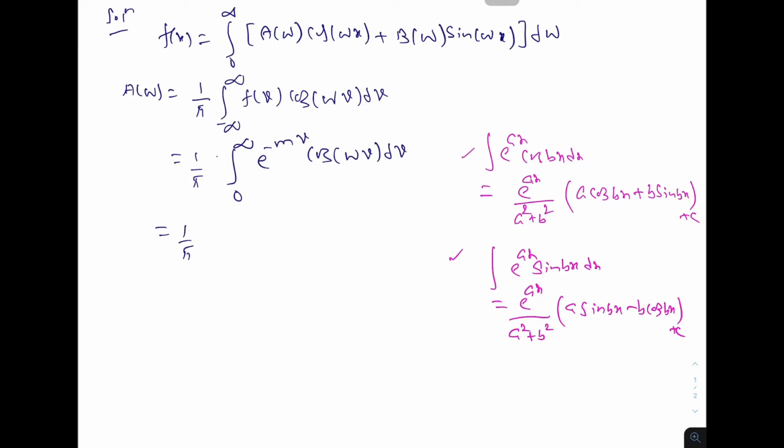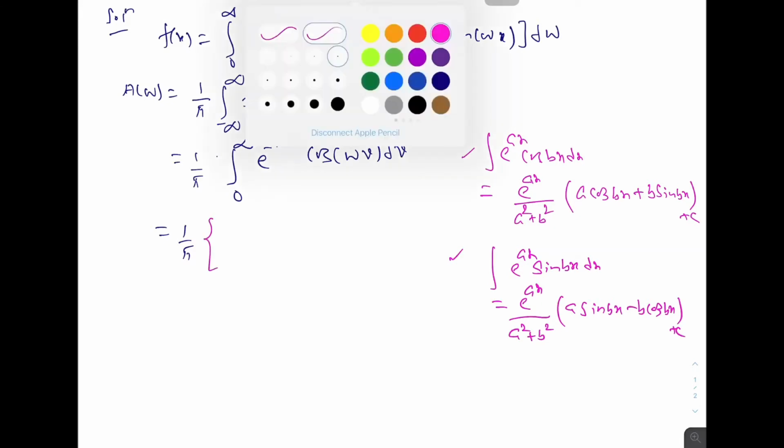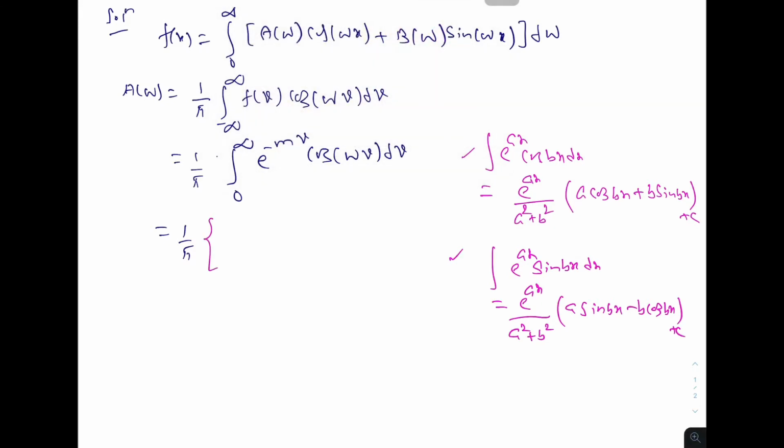So the integration of this one is e power minus mv over a square plus b square. Here a is minus m, so that gives m square, and b is omega.